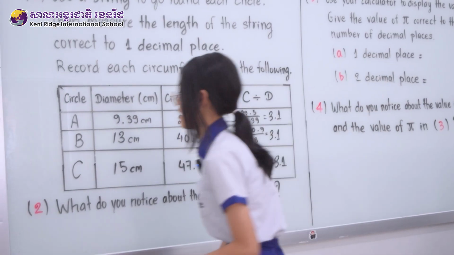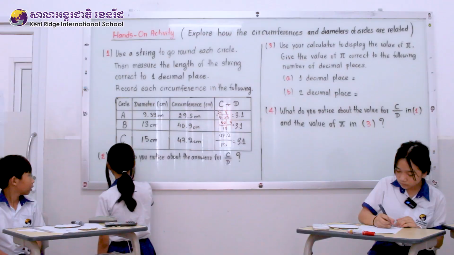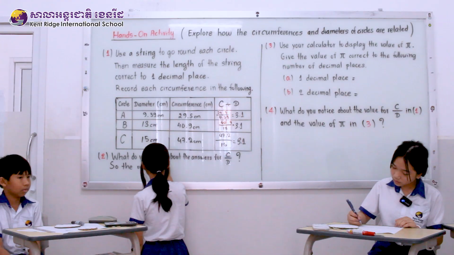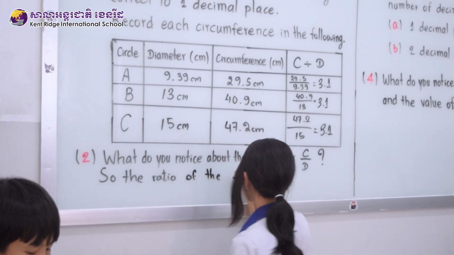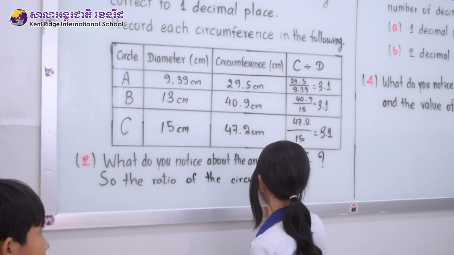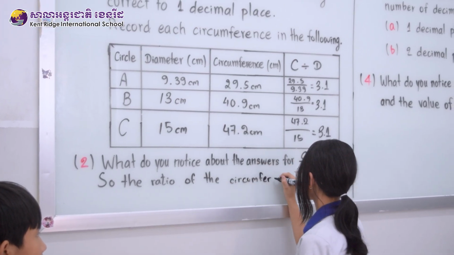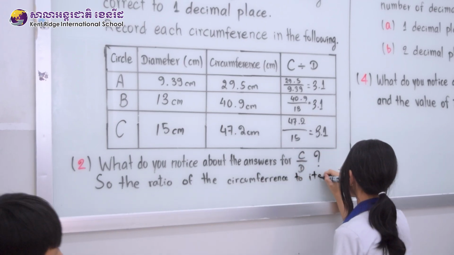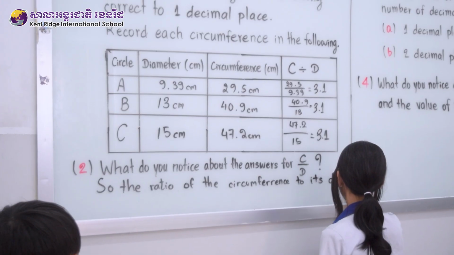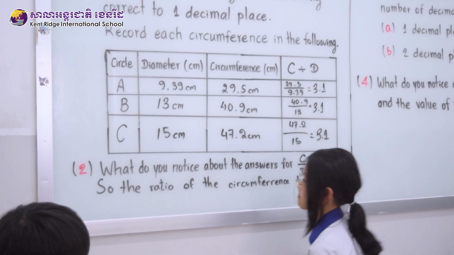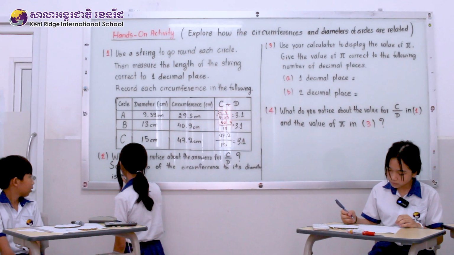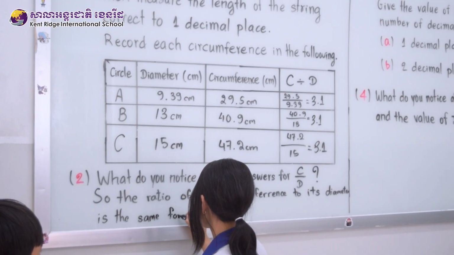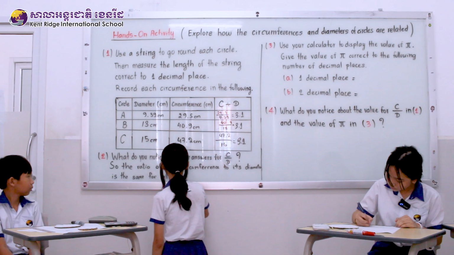So we can write that the ratio of the circumference to its diameter is the same for all circles.